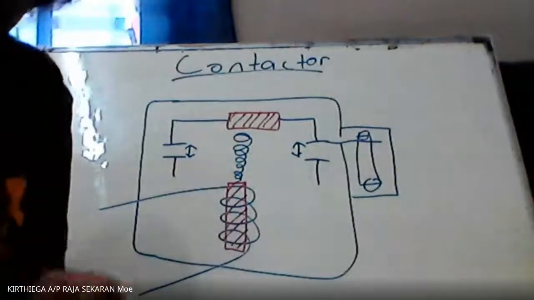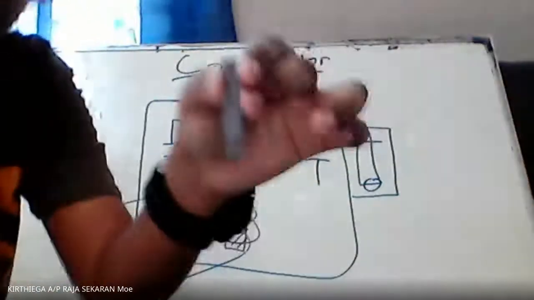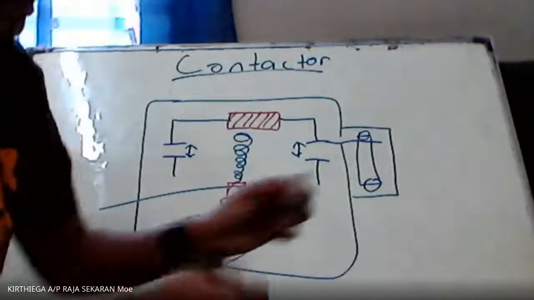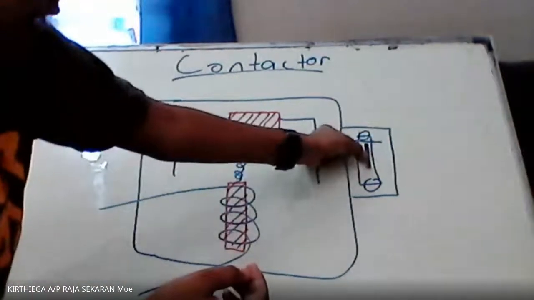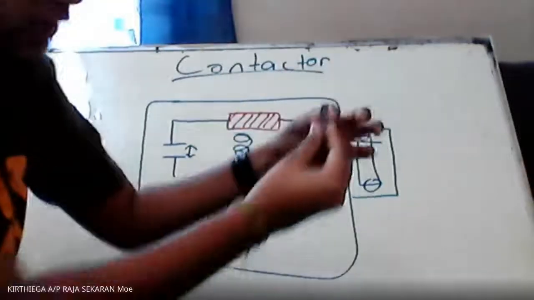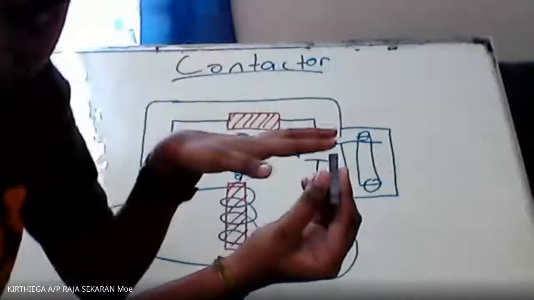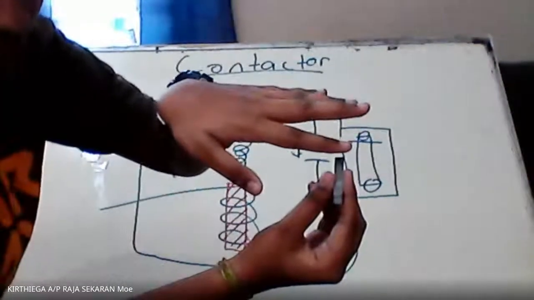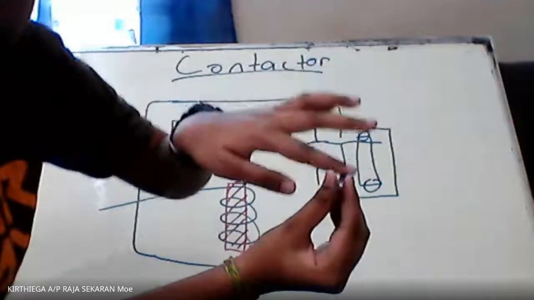I can't get a very good example, but this may help you understand better. Let's say this is the metal sheet we have here, between the two terminals. When the armature closes like this, it will be attached to this metal sheet.